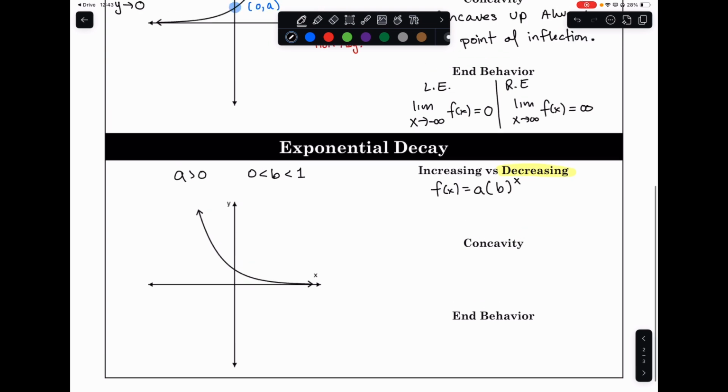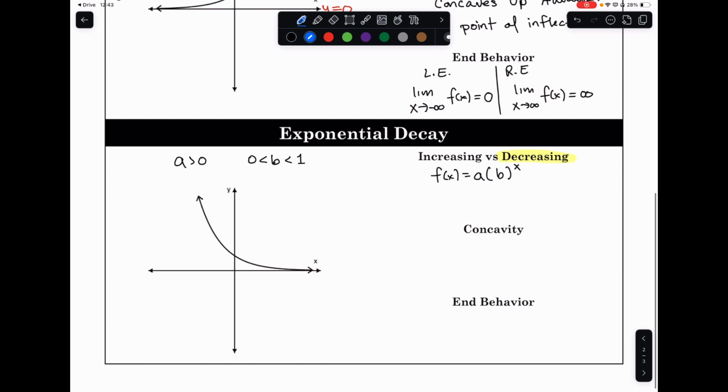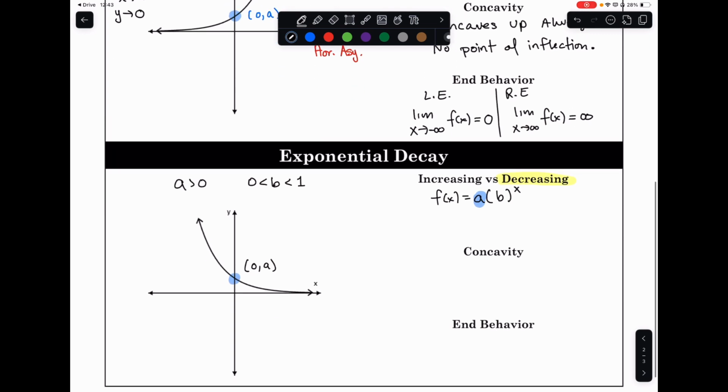The value of a is still going to be the y-intercept. So this number right here is where I'm crossing the y-axis. That point would be 0 and whatever that value of a is. This function is always decreasing, so just like before, there is no local extrema.